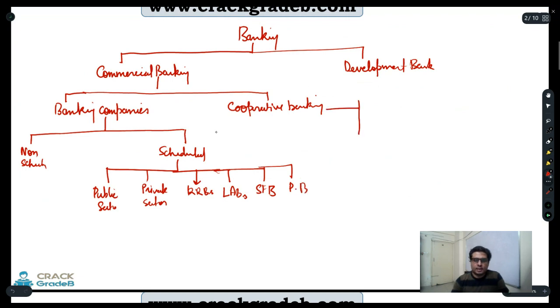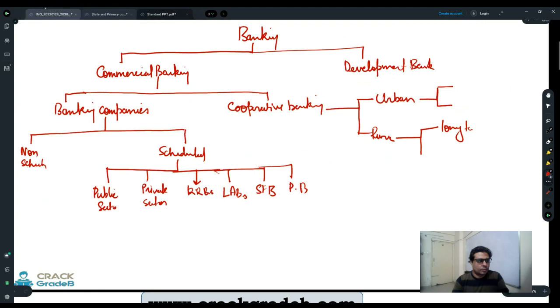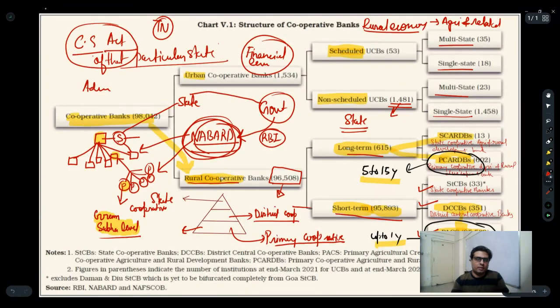In cooperative banking, they are of what? In cooperative banking, first of all, urban and rural. In urban, again what? Here, long term. I already have this PDF. From this PDF, you can see that we have explained this structure, right?